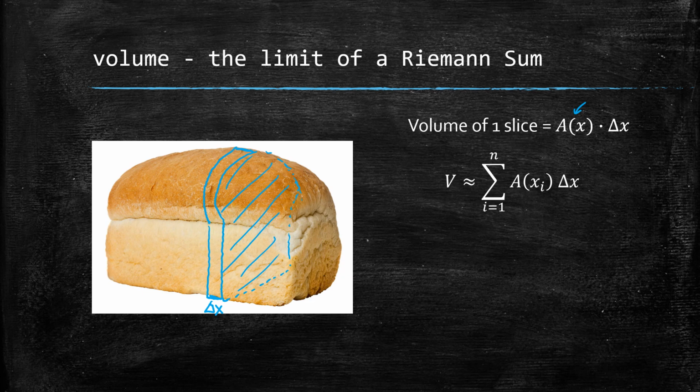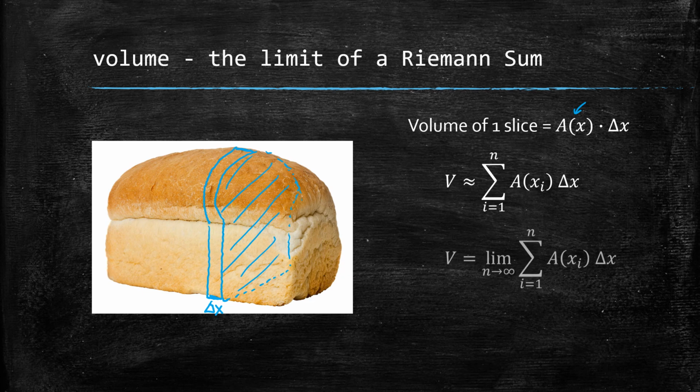And so if we want an approximation of the volume of the loaf, we would just add up the volumes of all those slices. This is a Riemann sum, but in terms of volume. To improve that, of course, we cut the slices thinner and thinner by cutting more of them.